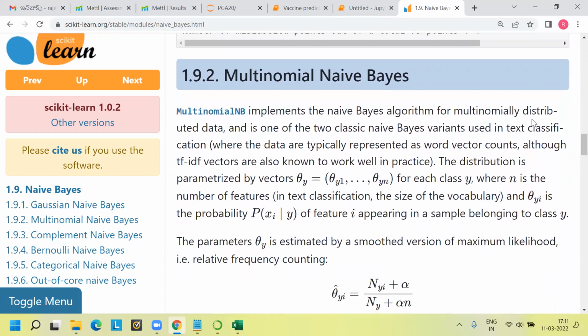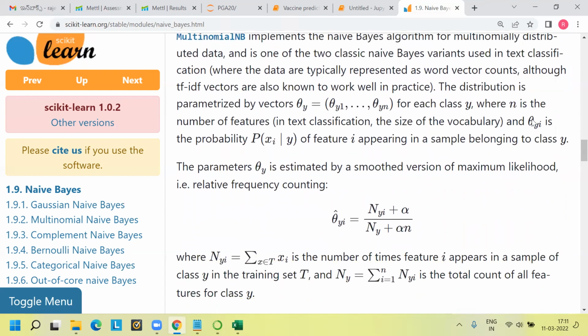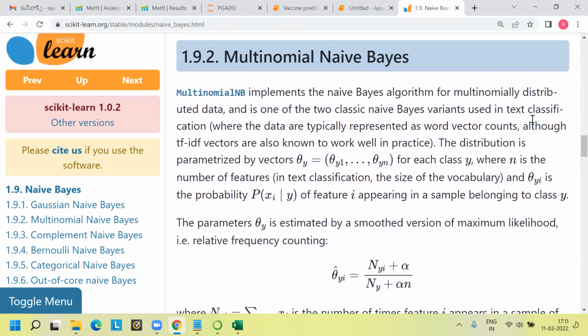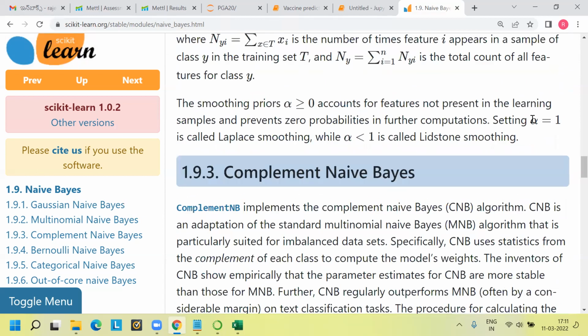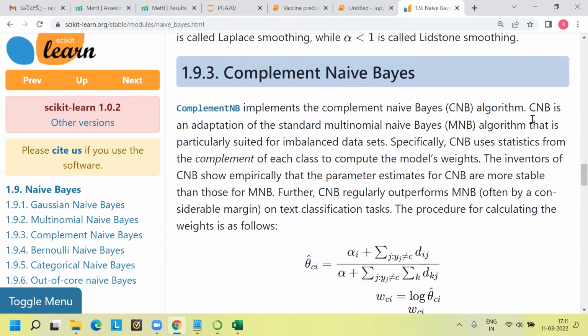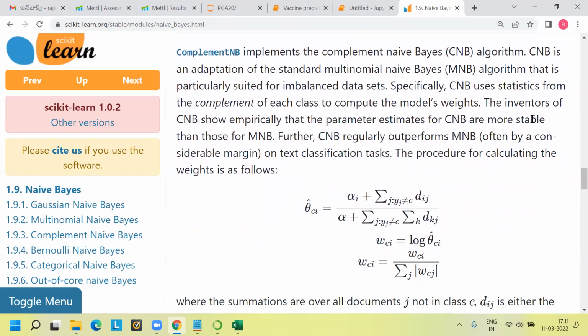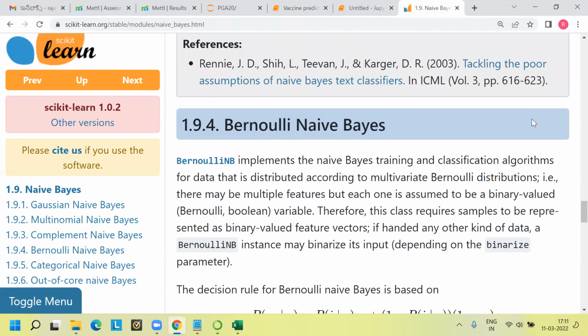So this is out of the question. Multinomial naive Bayes: if your dependent variable has more than 2 classes, then we will do multinomial naive Bayes. Complement naive Bayes is a very old algorithm. We don't use it nowadays, so let's not talk about it.